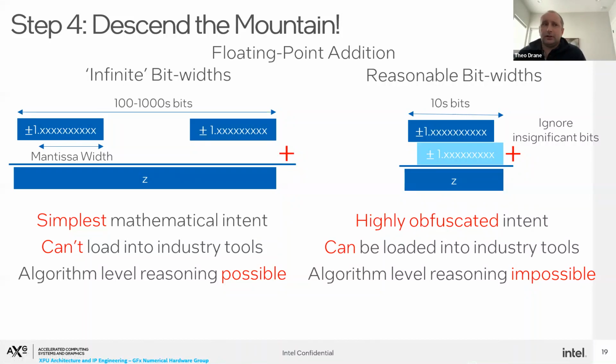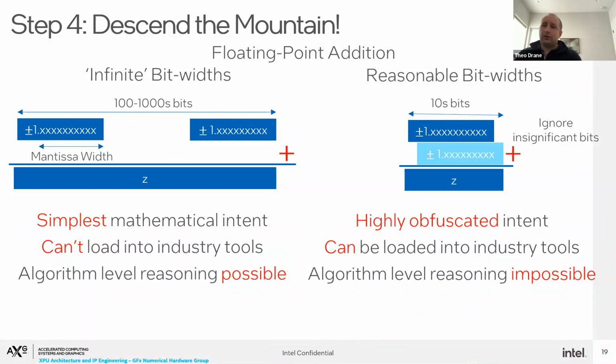Now that reasoning is actually non-obvious, and you have to have a formal proof that you haven't broken it, which then means you're comparing against some other model that probably itself only has tens of bits. So there's an immediate trust question. And there's some lovely corner cases in floating point.